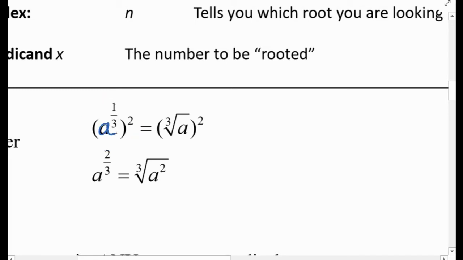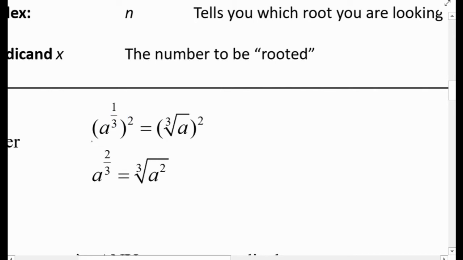A to the power of 1/3 to the power of 2. So we know a to the power of 1/3 is cube root a, right? So thus it's the same as cube root a to the power of 2. And also, everyone, a to the power of 1/3 squared, when you have this, you can just multiply those two numbers.